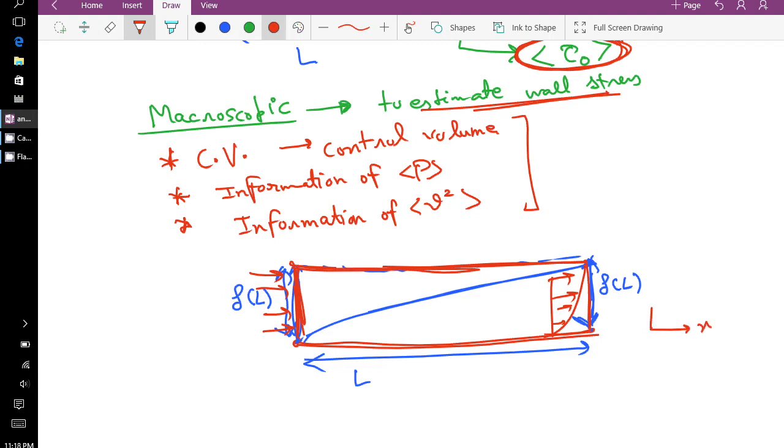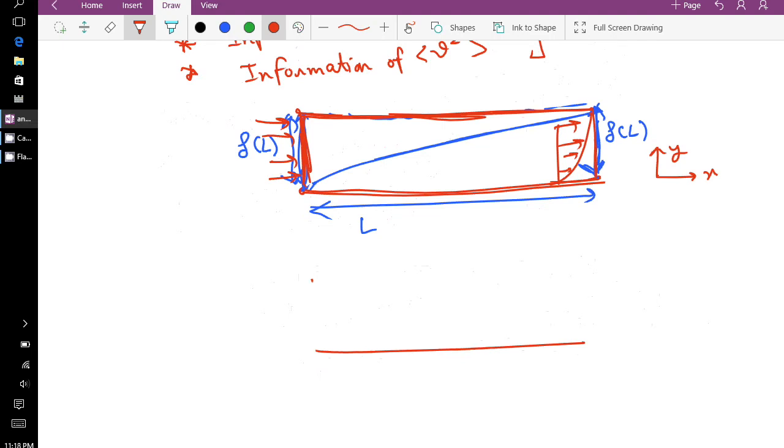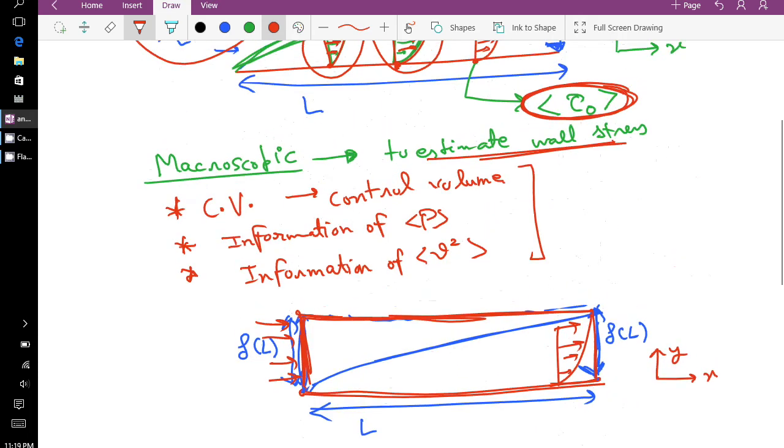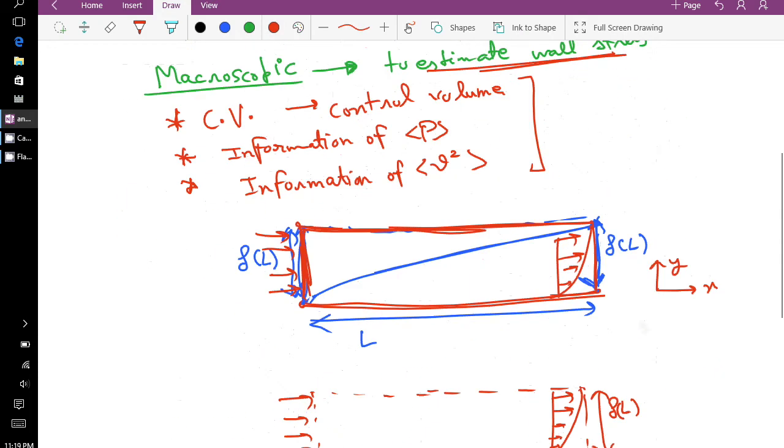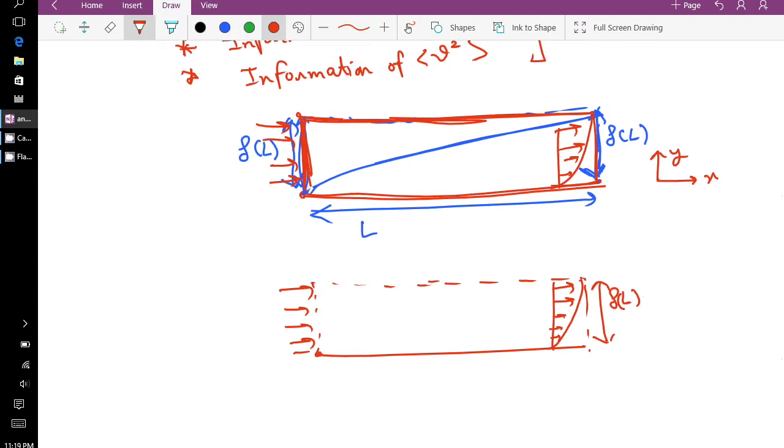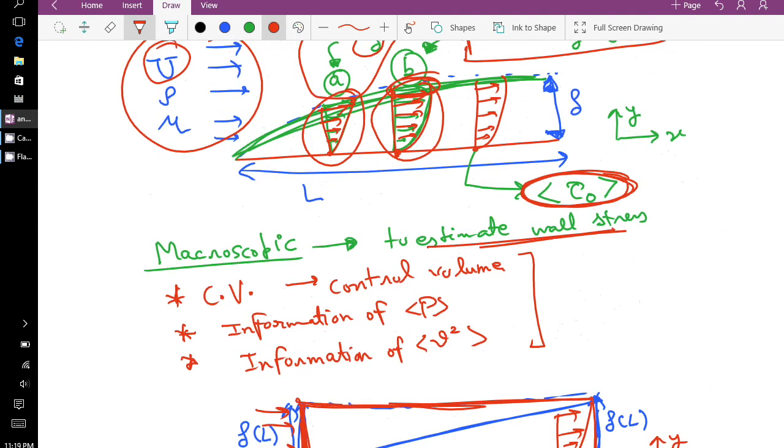So this is the choice of our control volume, a rectangle with height delta of L. Of course, the fluid will apply some force on the bottom part, and we need to calculate this force.